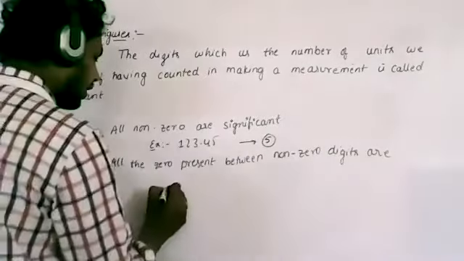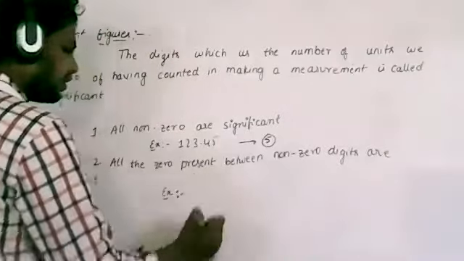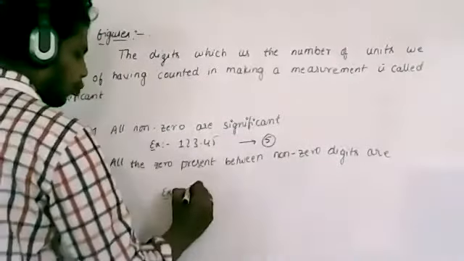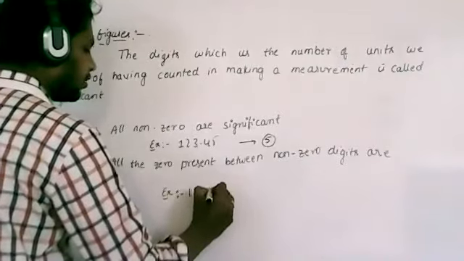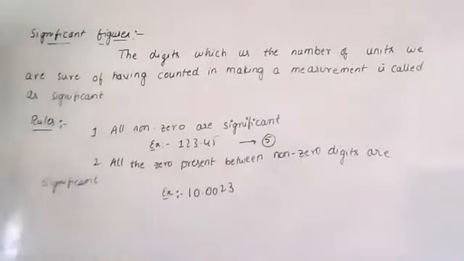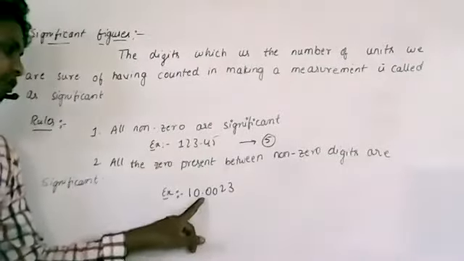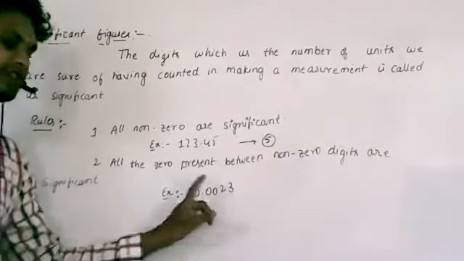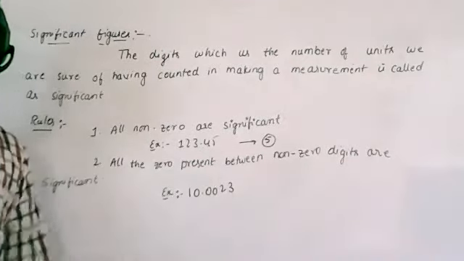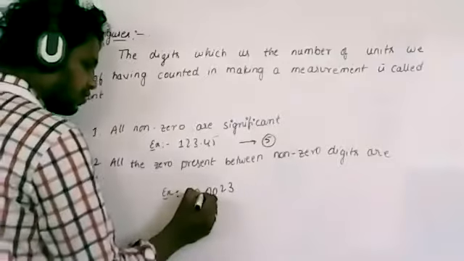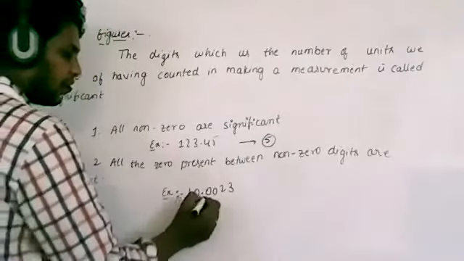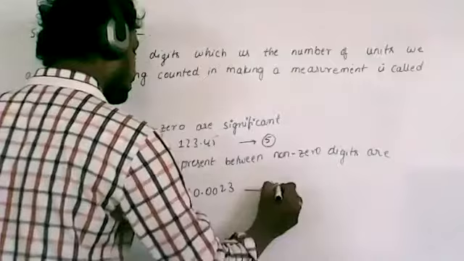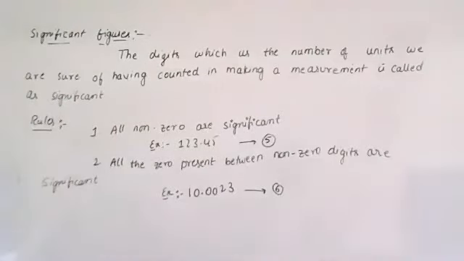For example, I'll take a number like this, 10.0023. The zeros present between two non-zero digits are always significant. So the total number of significant figures is 6.